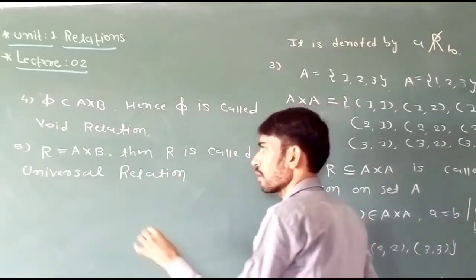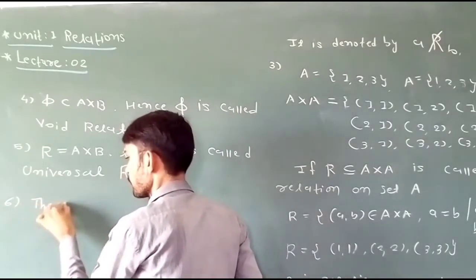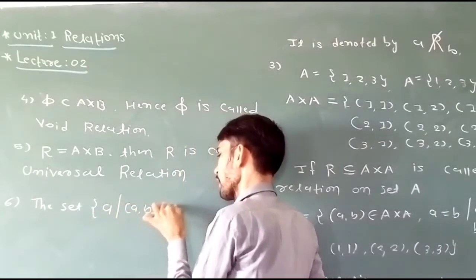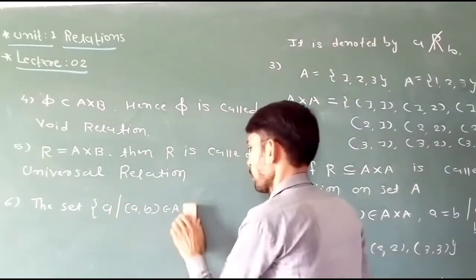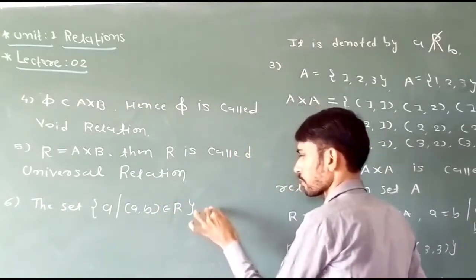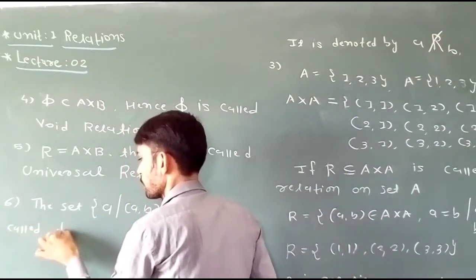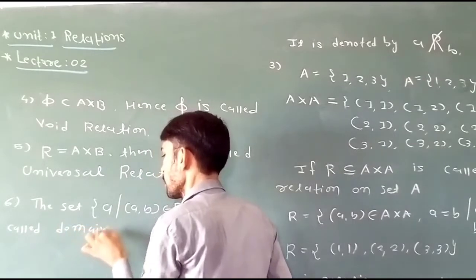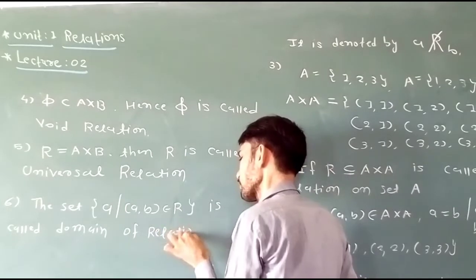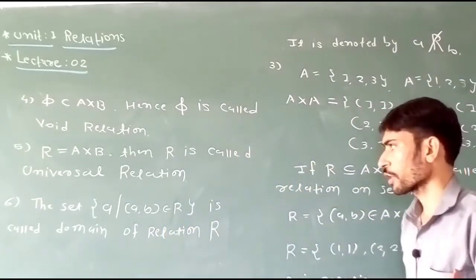Now we discuss note number 6. The set of A, where (a, b) belongs to R, we write as the relation, is called the domain of relation R. Now we understand this through examples.